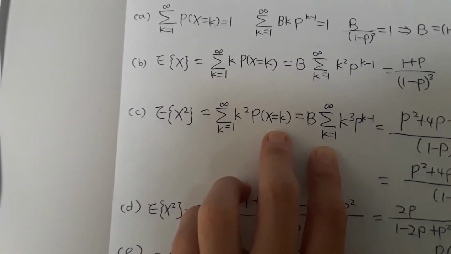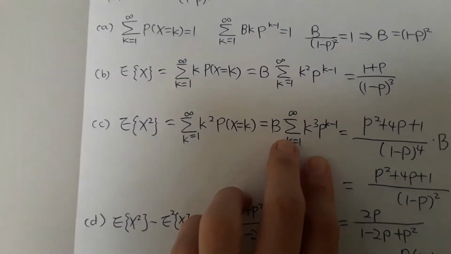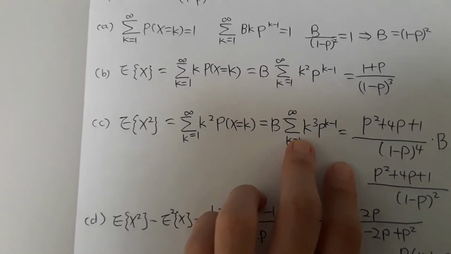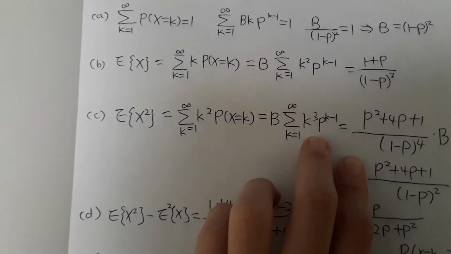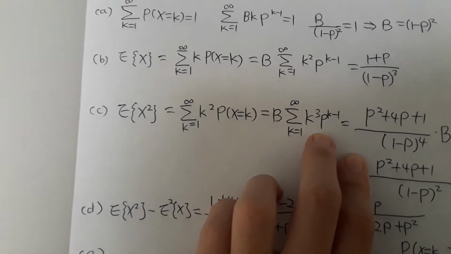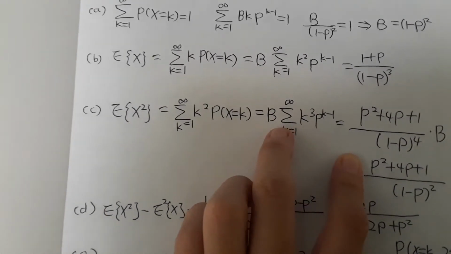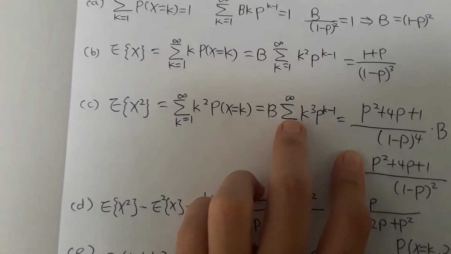Now we got b times the sum of k to the power of 3 times p to the power of k minus 1 from k equals 1 to infinity.